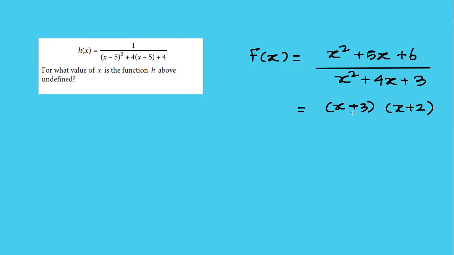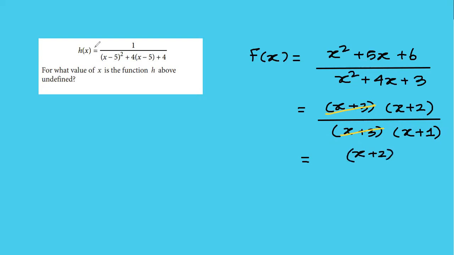In a similar way, if we factor the denominator, we will get x plus 3 times x plus 1. And we can cancel out the x plus 3 from the numerator and denominator. So you will be left with x plus 2 over x plus 1.